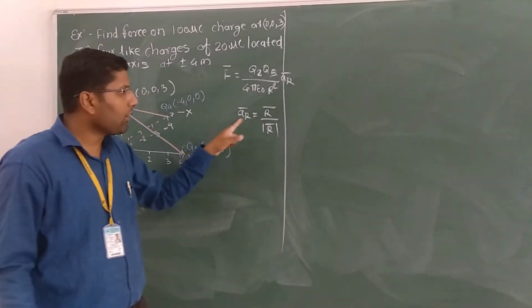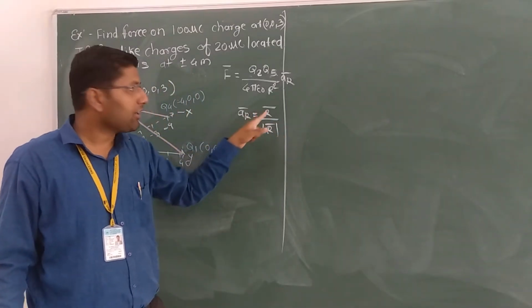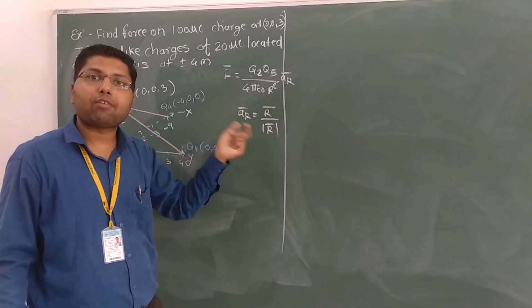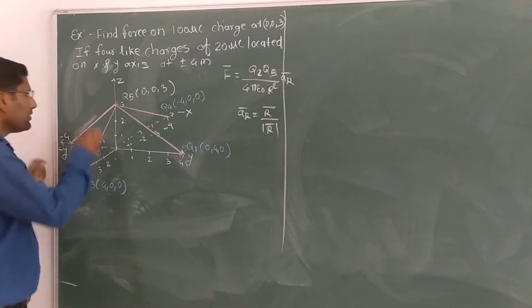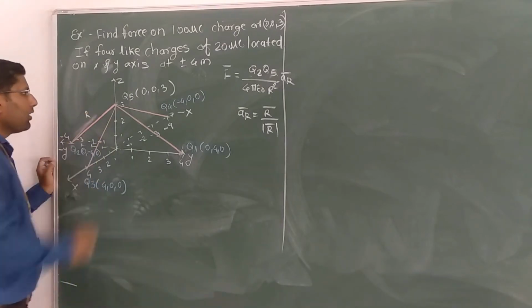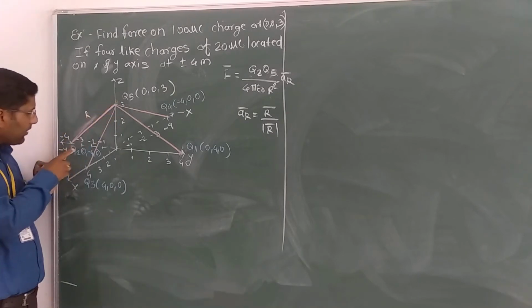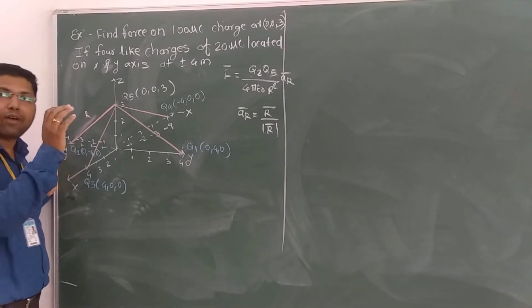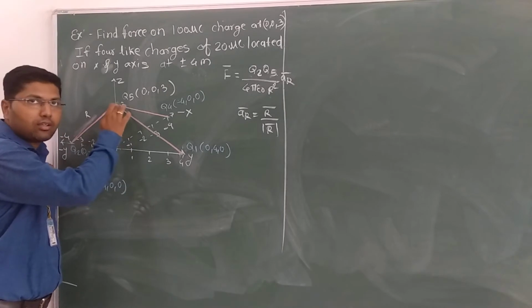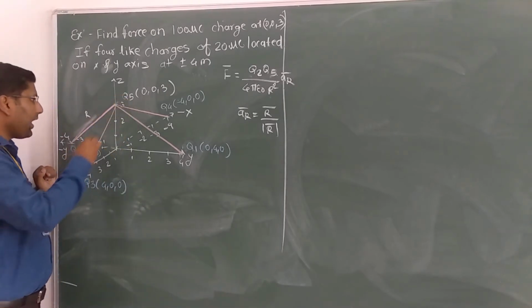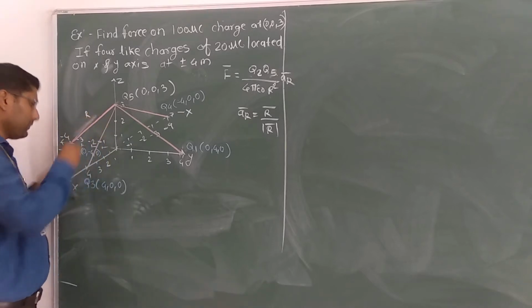So aR bar is a unit vector that requires a direction. We have calculated magnitude, but we will require direction also. So this is the R. I will name it R2 to 5, because we are finding the force on Q5, so I will be moving the direction towards Q5.